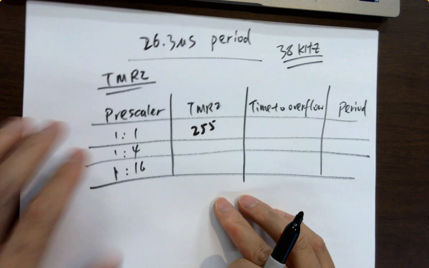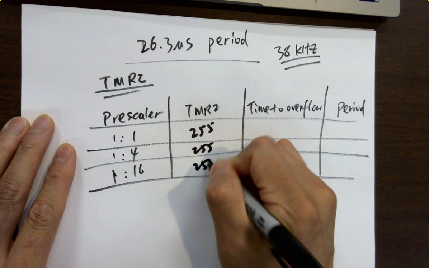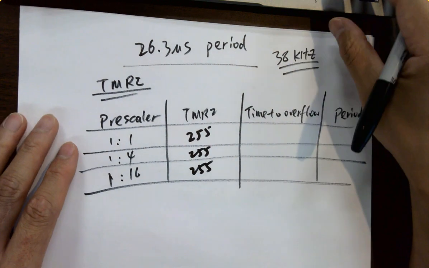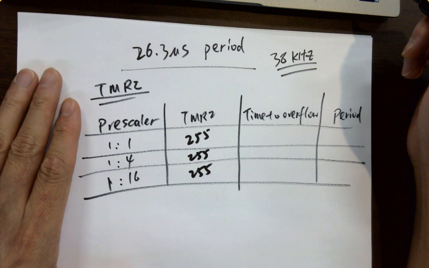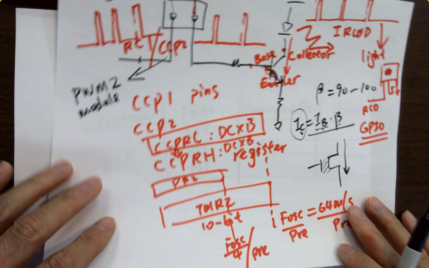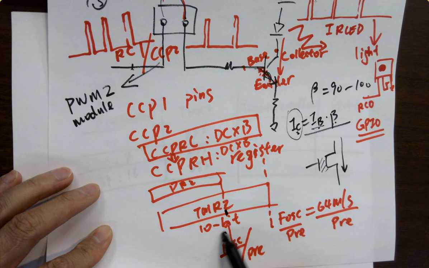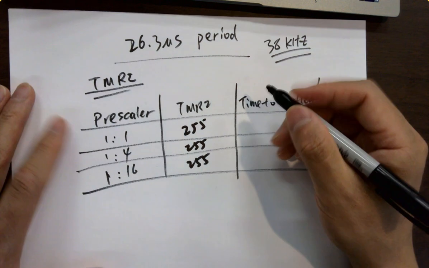Okay. Timer 2, 255. That's the maximum counts you have for timer 2, right? So the time to overflow for this prescaler is what?